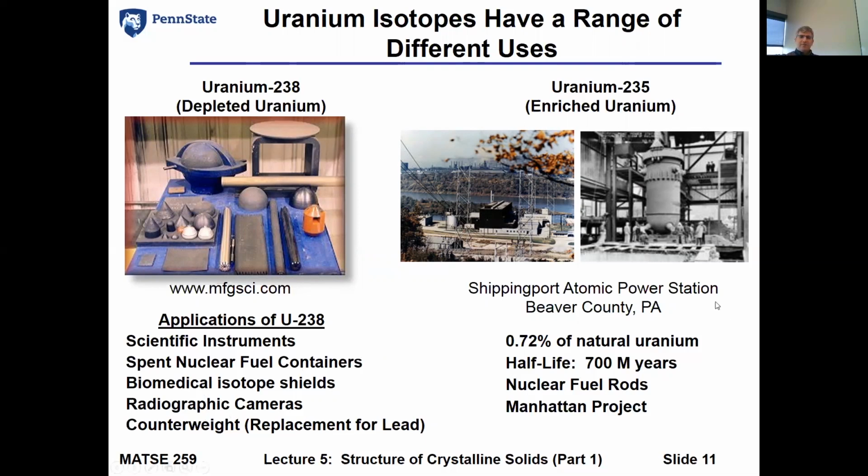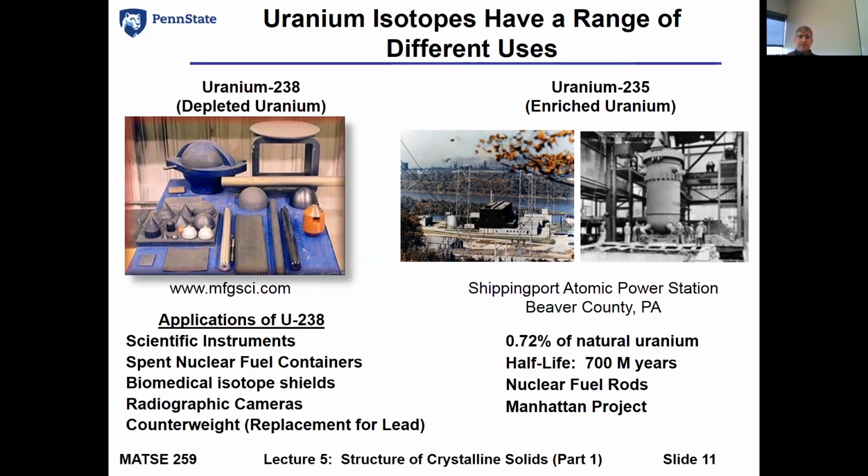And Pennsylvania was fortunate that the Shippingport Atomic Power Station was really the first commercial nuclear power plant in the U.S., and it was in Beaver County, Pennsylvania. And what we see here is the original reactor. There's a photograph of the original reactor. And it was originally designed to go onto a submarine, but it was placed here, and this atomic power station was used within the Pittsburgh region for decades.